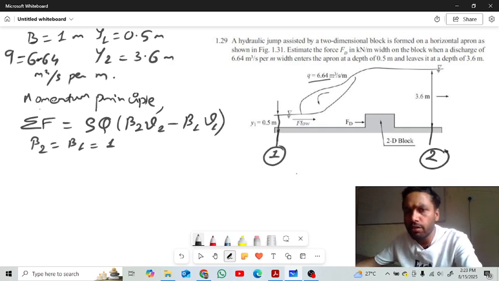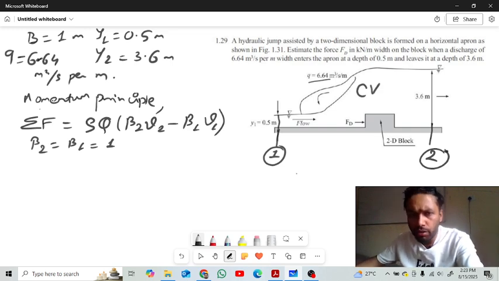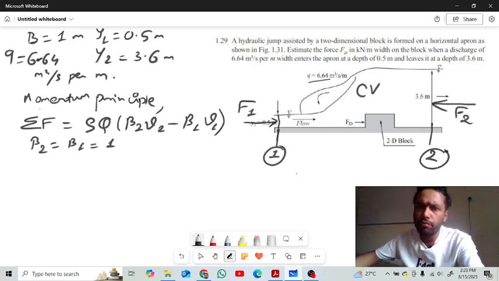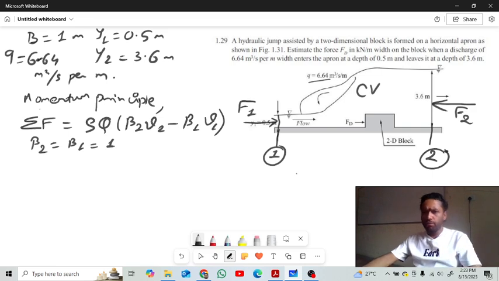So let's say between section 1 and 2 we take this as a control volume, and towards the control volume there is always a hydrostatic force acting. We assume that these are the hydrostatic forces F1 and F2 acting toward the control volume. It is assumed that both hydrostatic forces occur just before and after the hydraulic jump.